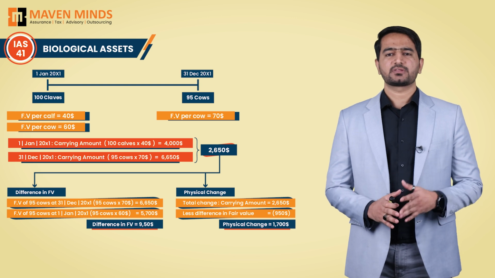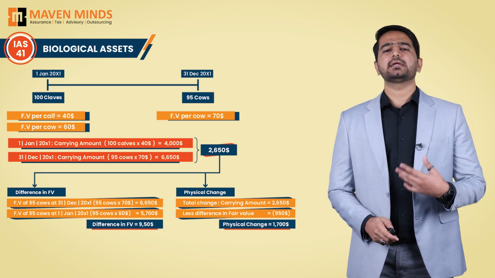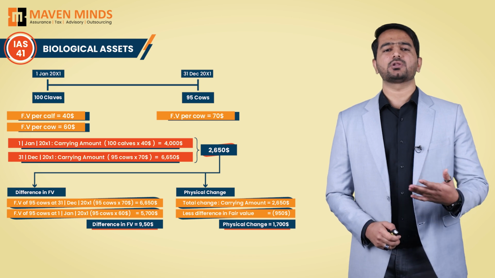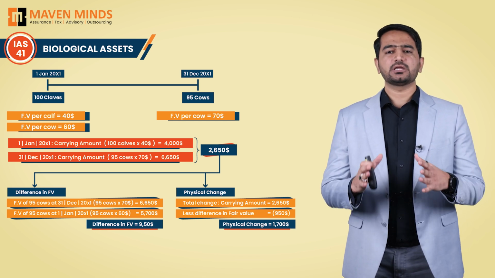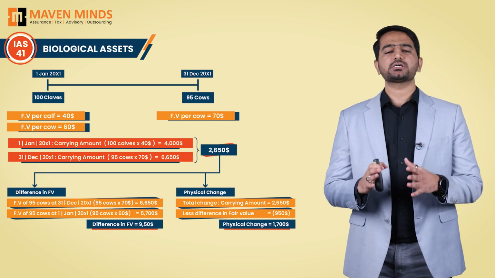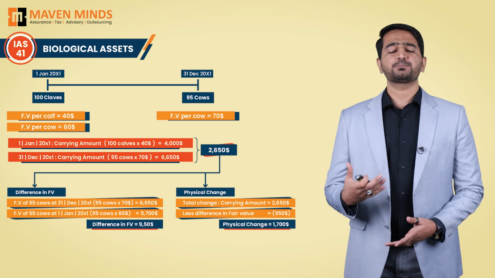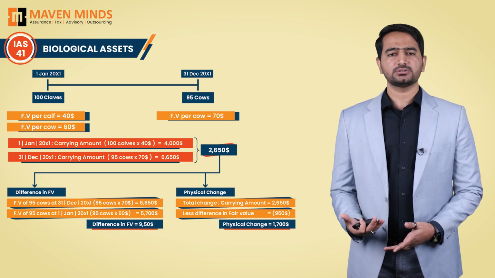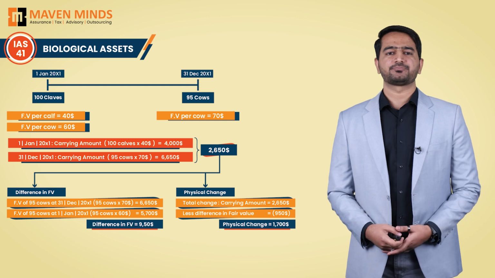Both changes, physical growth and price increase, are recorded as income in the profit and loss statement. However, IAS 41 requires you to disclose them separately so that users of the financial statement can clearly understand what portion of gain is derived by growth and what portion is derived by market condition.